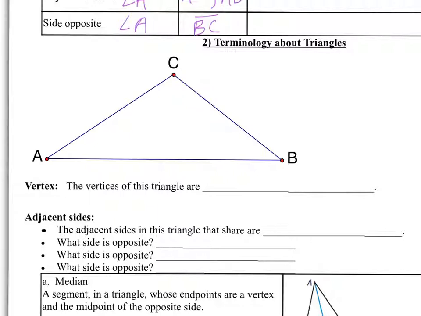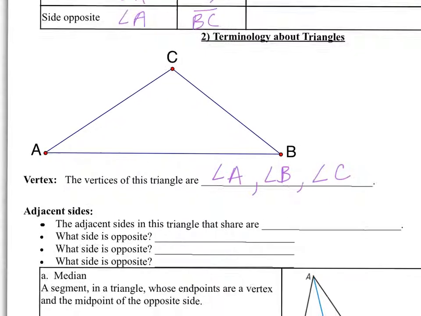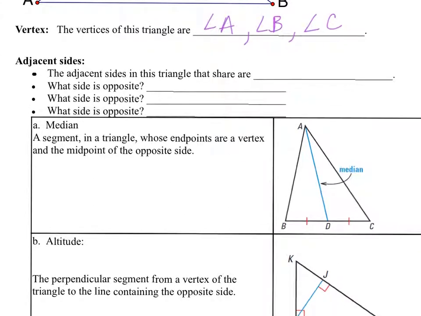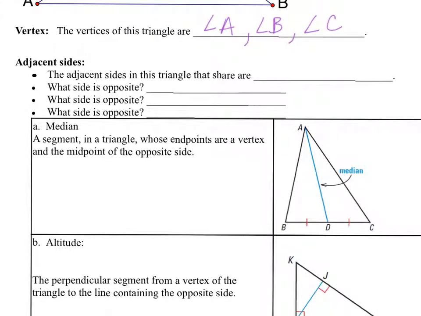Here we have a triangle ABC. The vertices of this triangle are angle A, angle B, and angle C. The adjacent sides in this triangle that share, should say angle B here.